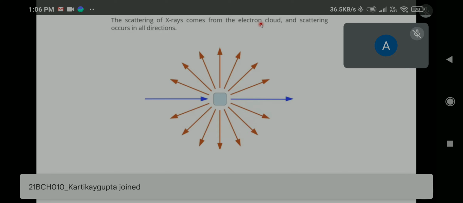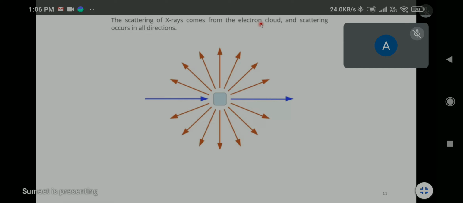So when X-rays come towards the material, they will penetrate inside the material, because X-rays have higher frequencies.